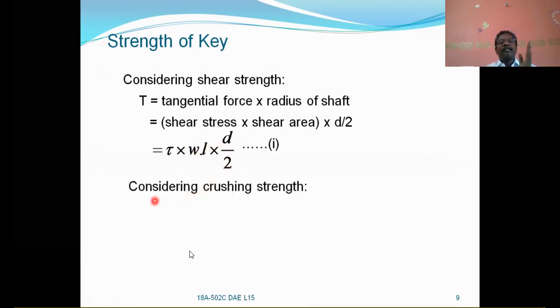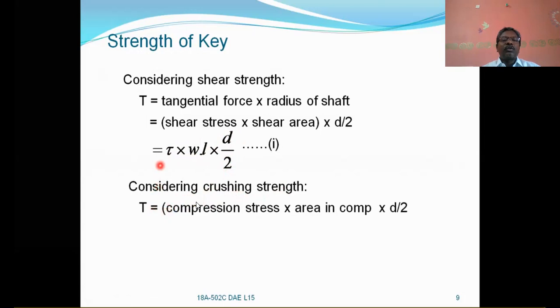Now let us consider the crushing strength. Here also, T is equal to the tangential force into the radius of the shaft, and the tangential force, in terms of crushing, is the compressive or crushing stress into the area of crushing, into d by 2, that is the radius of the shaft.